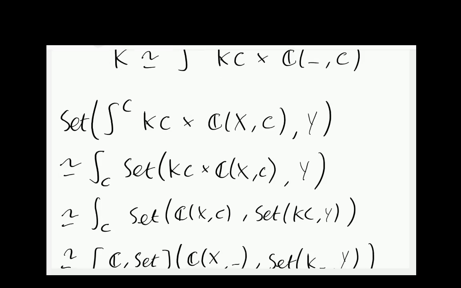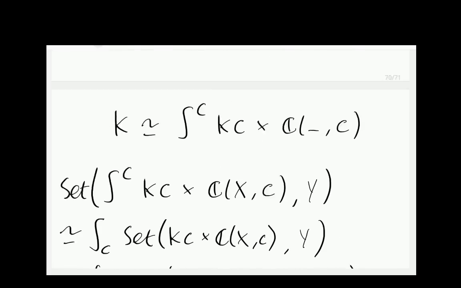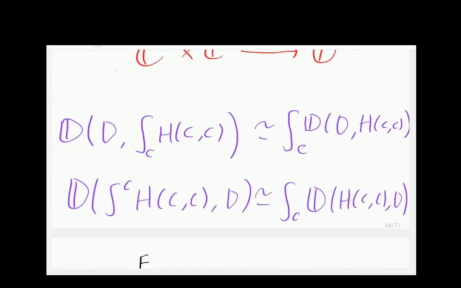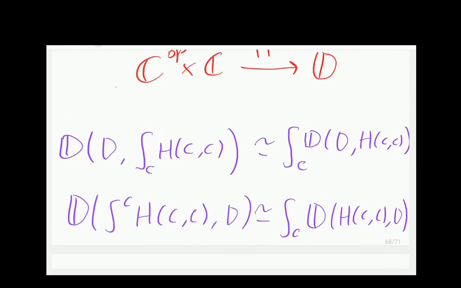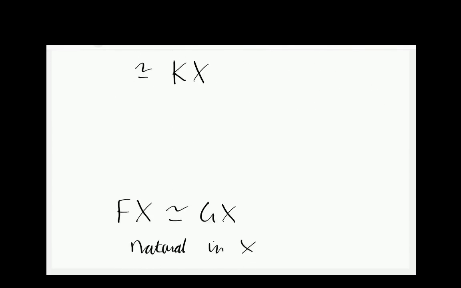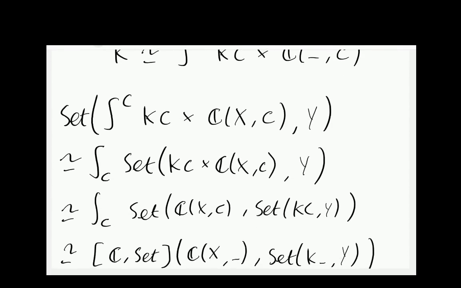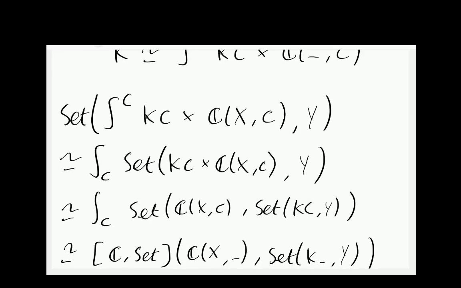Now, using our bracket pulling formula, in particular using this one here, we can pull this integral outside. And now if we look at this, we've got the set of functions from the product of these two sets to this set here.